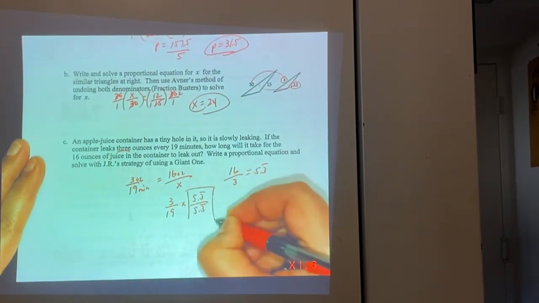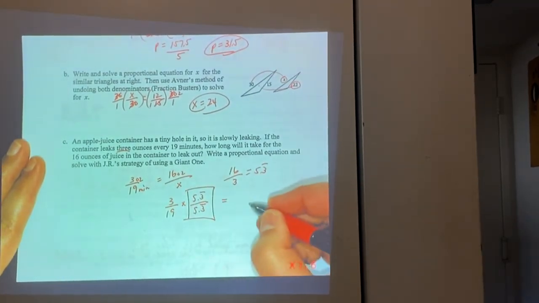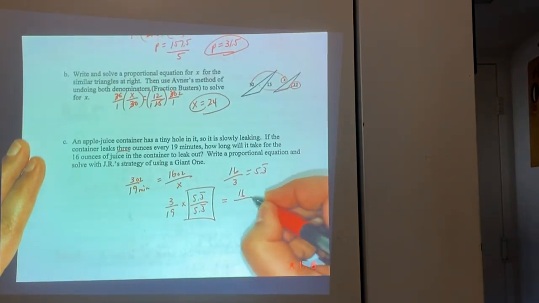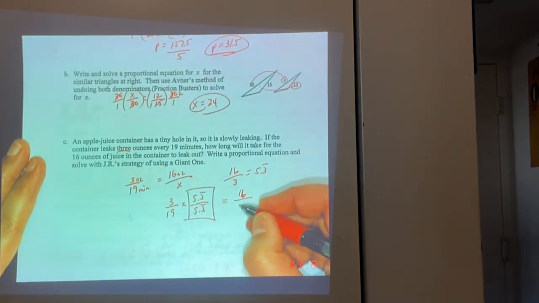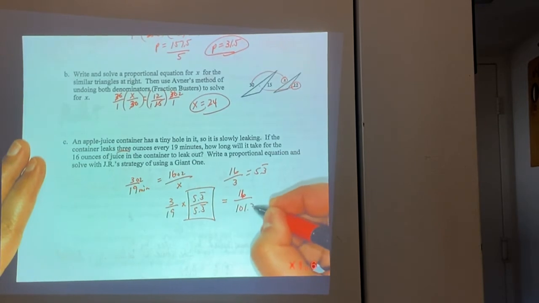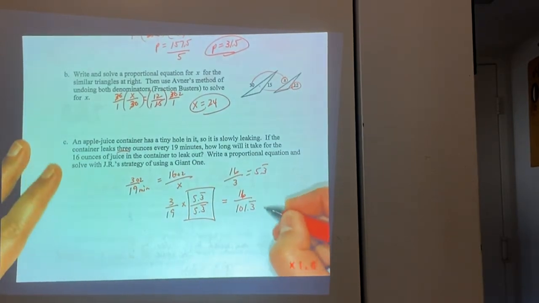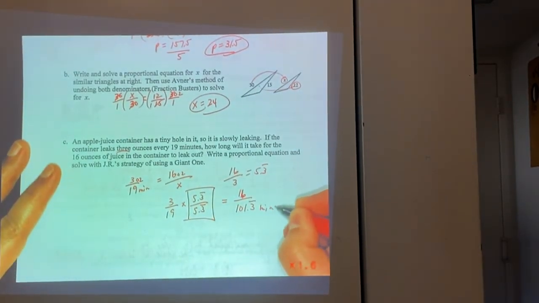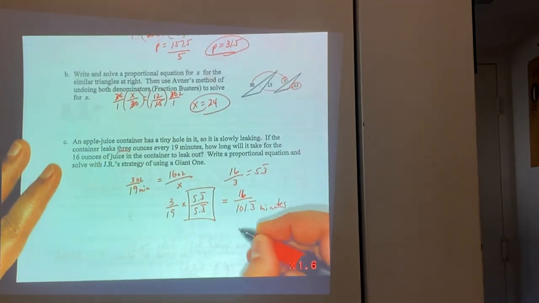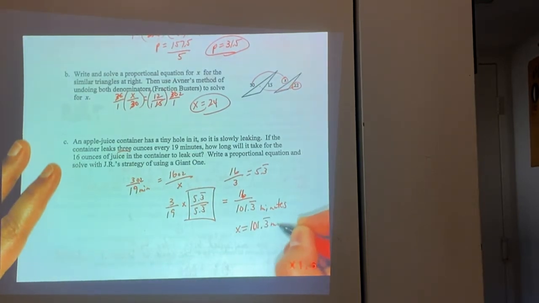There's my giant 1. When you multiply it, you get 16 over 101.3 repeating minutes. So x equals 101.3 repeating minutes.